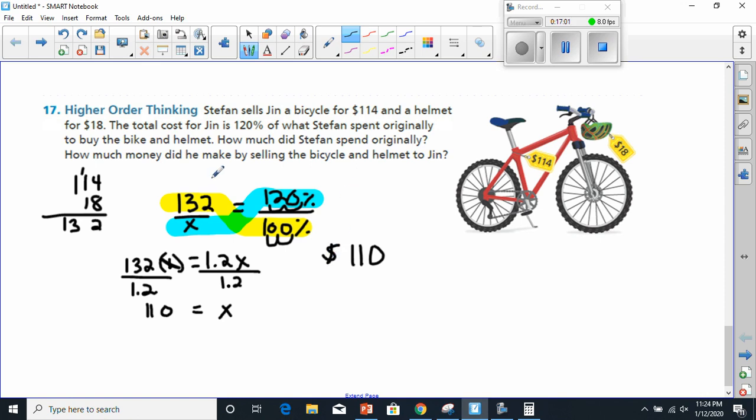And how much did he make? Well, if Jen bought everything for $132 and Stefan bought it for $110, that is a total of $22 that Stefan made off of the deal.